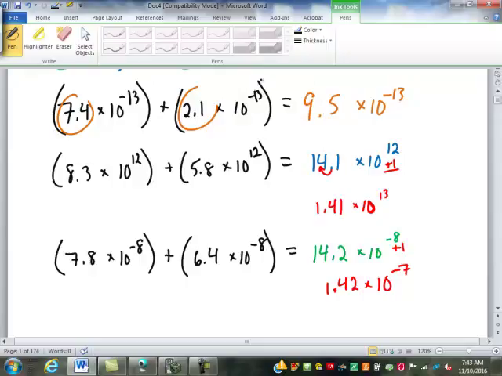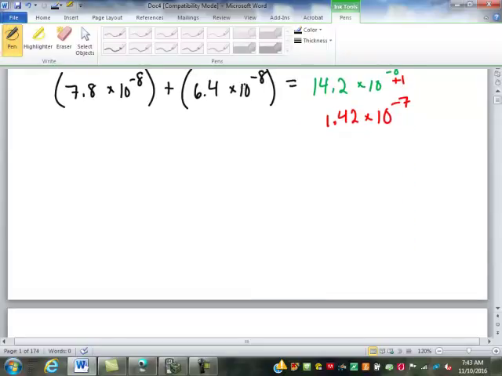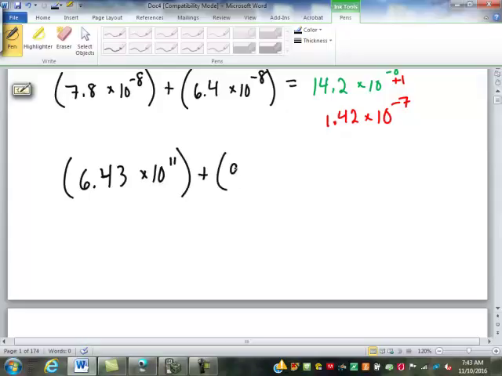What if we don't start out with the same power of 10? What if we have something like 6.43 times 10 to the 11th plus 9.3 times 10 to the 10th?